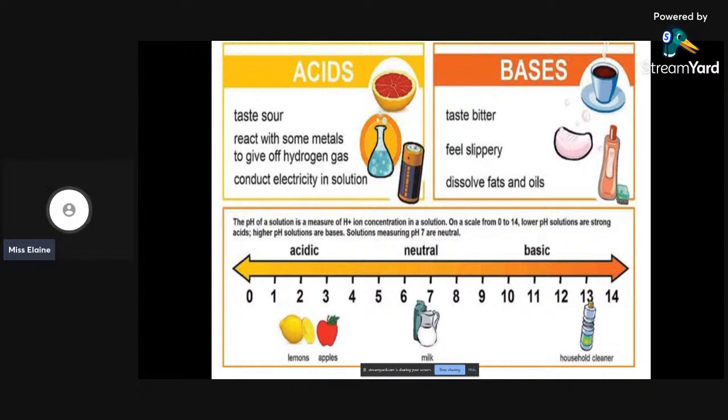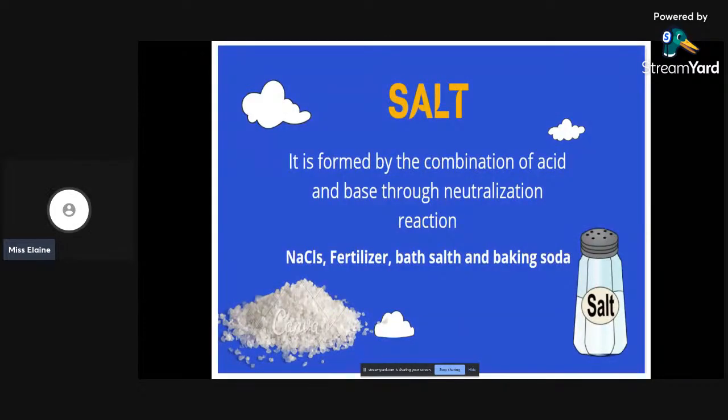And then in the middle, we have a neutral, and the neutral is what we call salt. It is formed by the combination of acid and base through a neutralization reaction. An example is sodium chloride, fertilizer, bath salt, and baking soda. They all have something to do with salt.